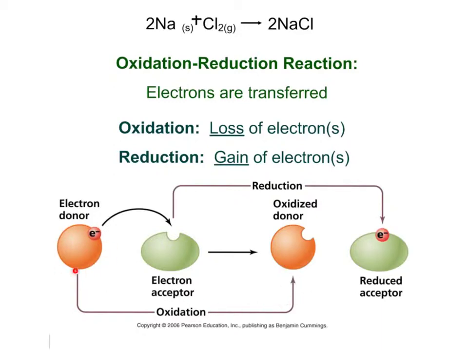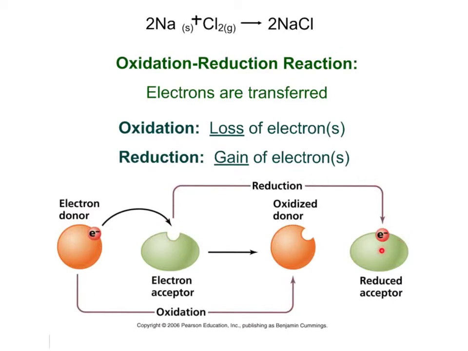It is going from having an electron to not having an electron. This is the oxidation part of the reaction. It's losing the electron. That electron is going to this atom or molecule in the reaction. This is our electron acceptor. It is going from not having one to having an electron. We say it is reduced.